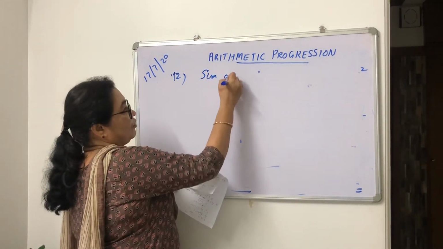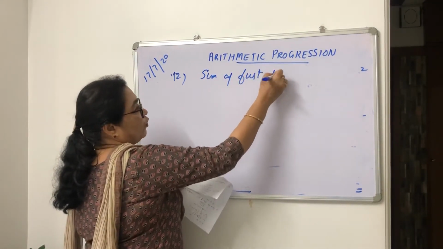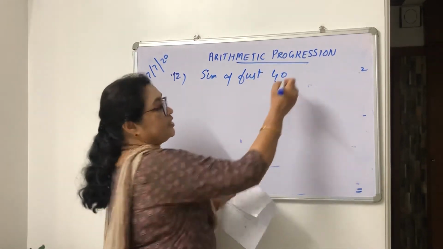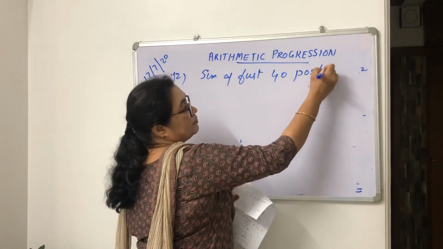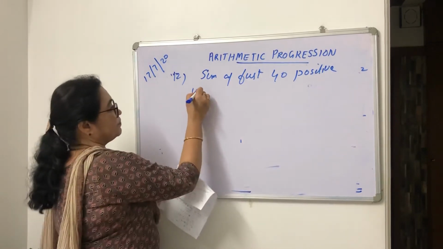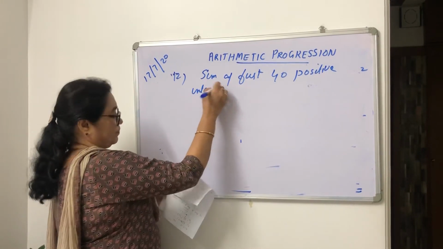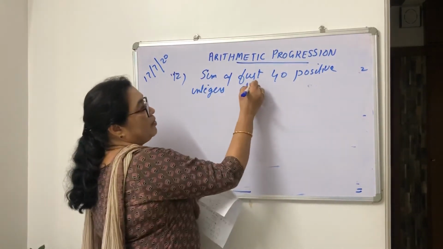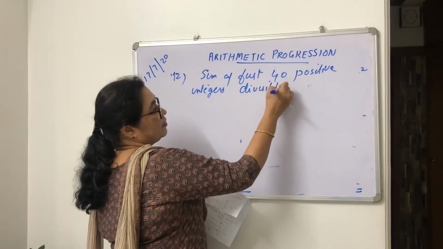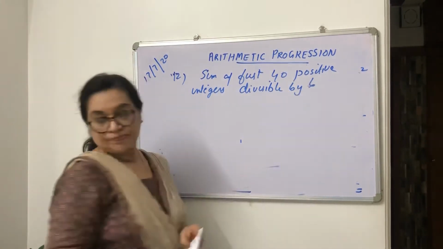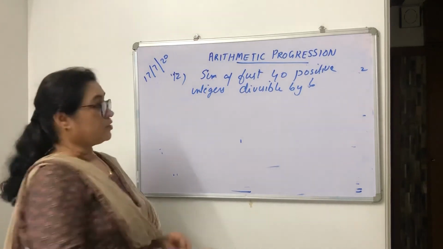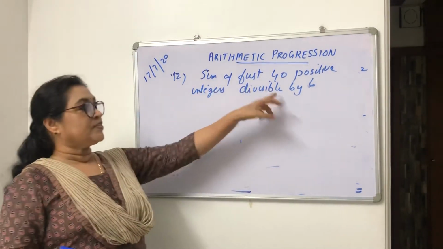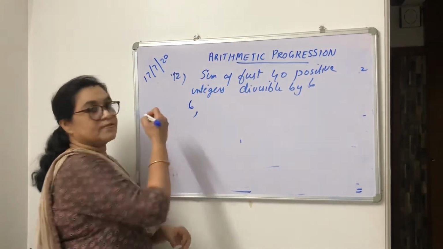Sum of first 40 positive integers divisible by 6. So the first number which is divisible by 6 is 6.